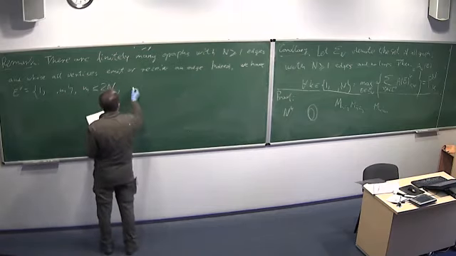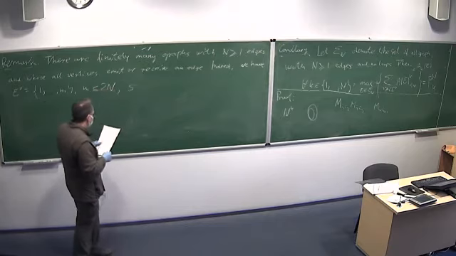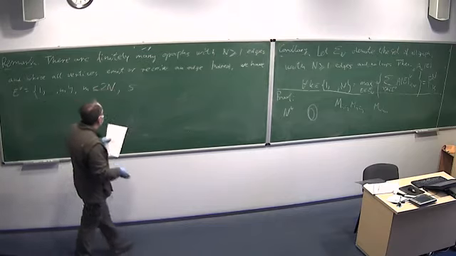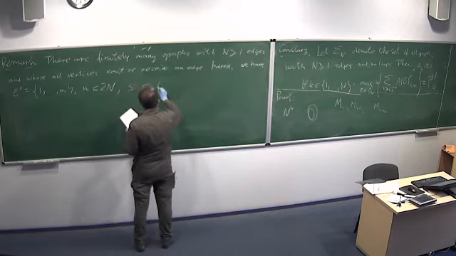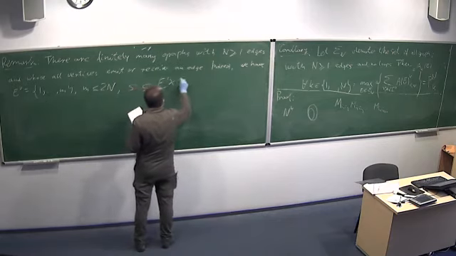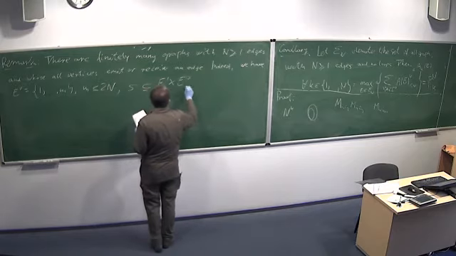Now, remember that the source map and the target map are actually subsets in the Cartesian product of E1 and E0.